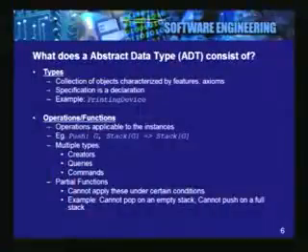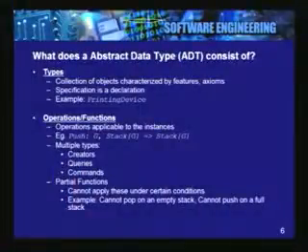Each one of these represents an operation, and the operation is characterized by a signature which says what is the name of the operation, what are the different input parameters that this operation expects, what are the types of those input parameters, and what is the output that is returned by the operation.